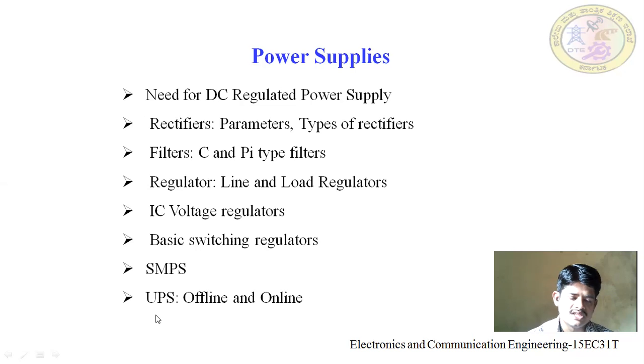The last topic in this unit will be UPS, uninterrupted power supply: what it is, and the types, mainly offline UPS and online UPS, with the advantages and disadvantages of each type.